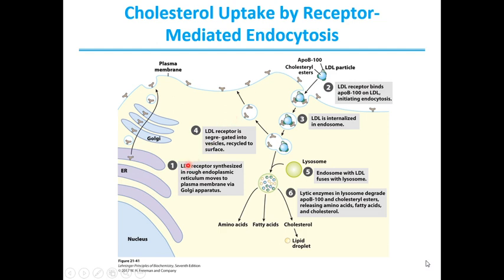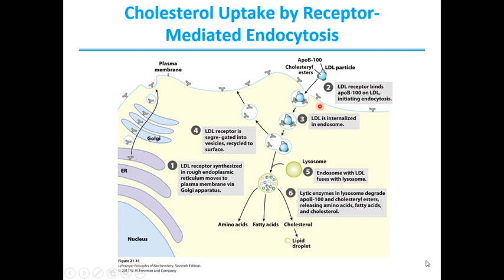LDL receptors are synthesized in the endoplasmic reticulum and transported to the plasma membrane after modification in the Golgi complex. At the plasma membrane, LDL receptors are available to bind ApoB100. Binding of LDL to an LDL receptor via ApoB100 initiates endocytosis.